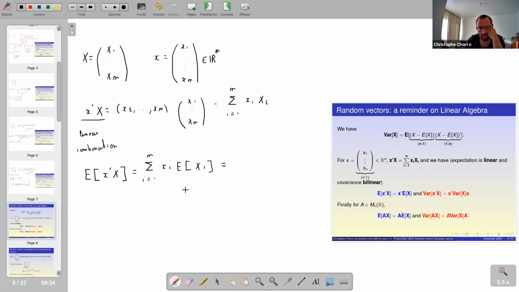What is nice here is that this is a linear combination with the same coefficients, but you replace Xi by the expectation of Xi. That is, I can write this as x prime multiplied by the vector of the expectations.